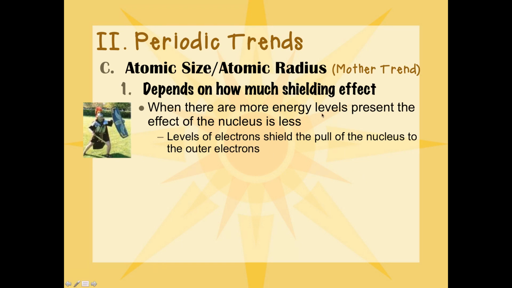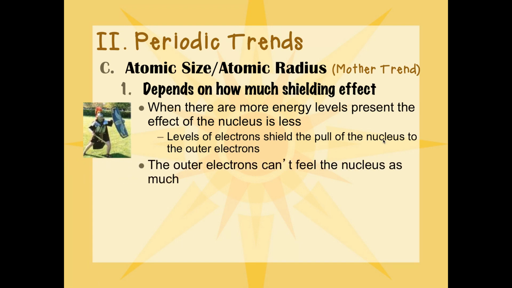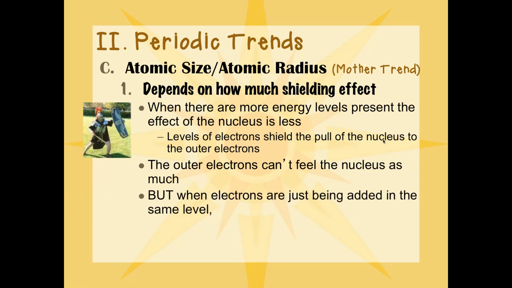So if there are more energy levels, they shield the positive attraction of the nucleus and it doesn't pull on those negative electrons as much. Those electrons don't feel the attraction as much, which means that if you are trying to pull the electron cloud in, it's not as effective.